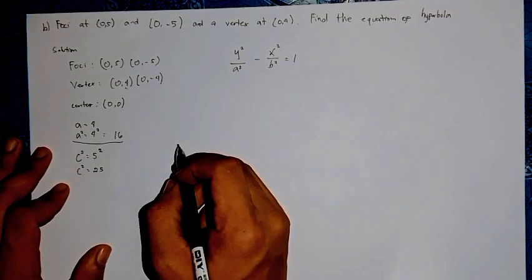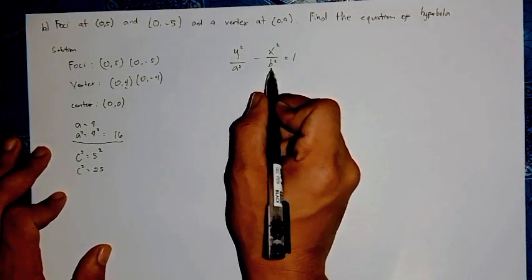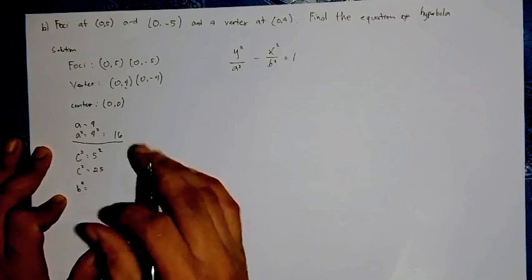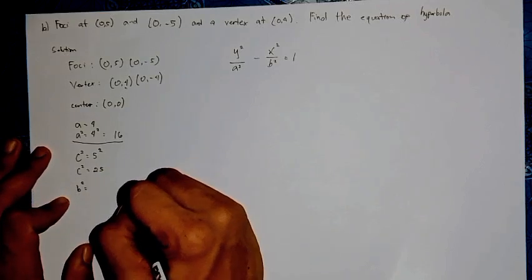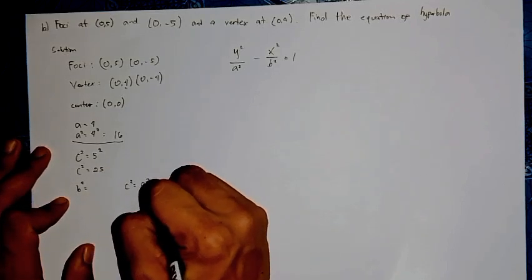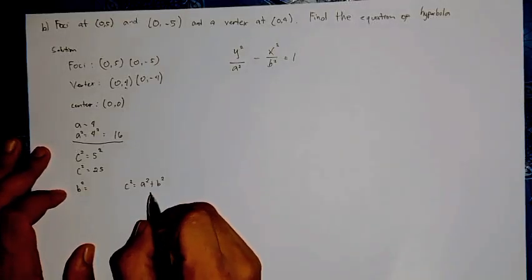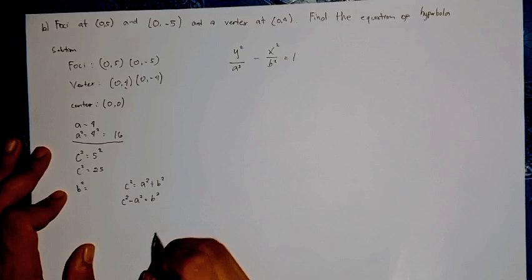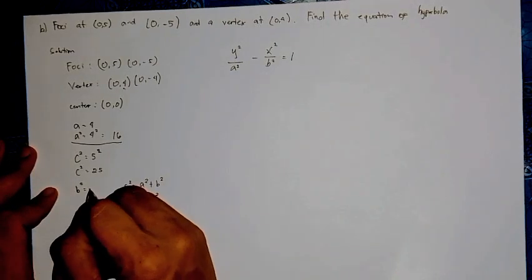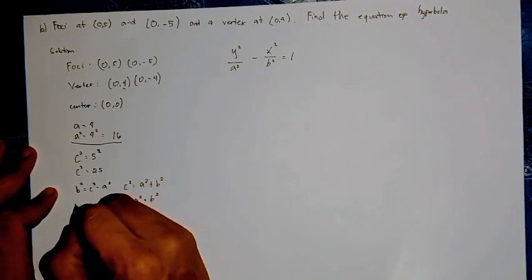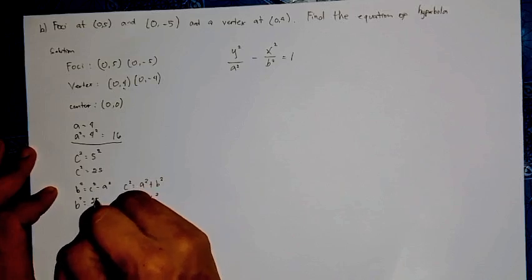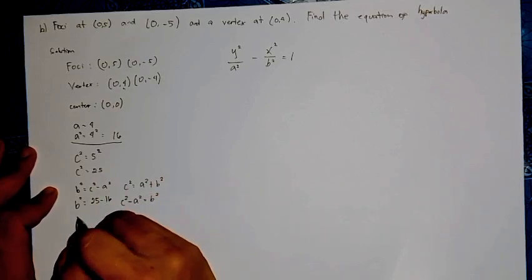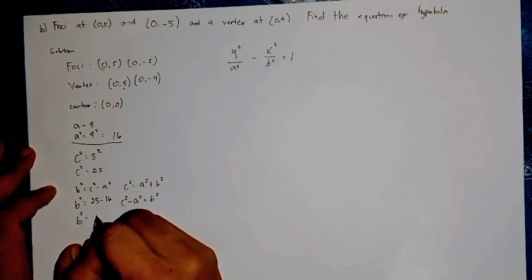Now, we have to find b, right? To find b squared, we need to use the formula c squared is equal to a squared plus b squared. We need to manipulate this to be able to find b squared. So c squared minus a squared is equal to b squared, right? So therefore, b squared is equal to c squared minus a squared, which is 25 minus 16, which is equal to 9.